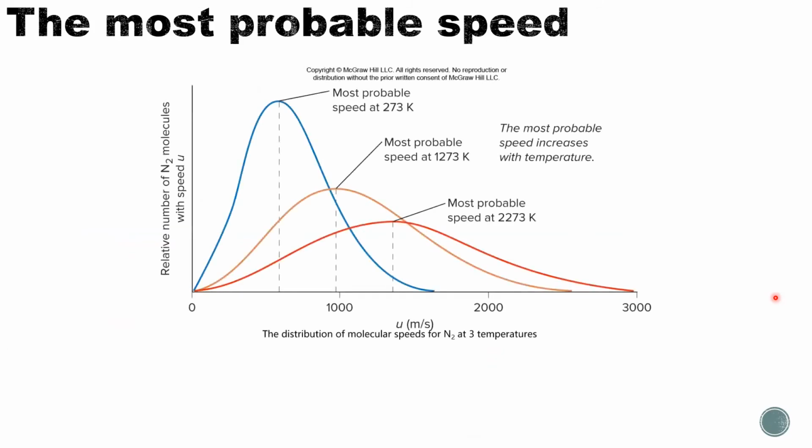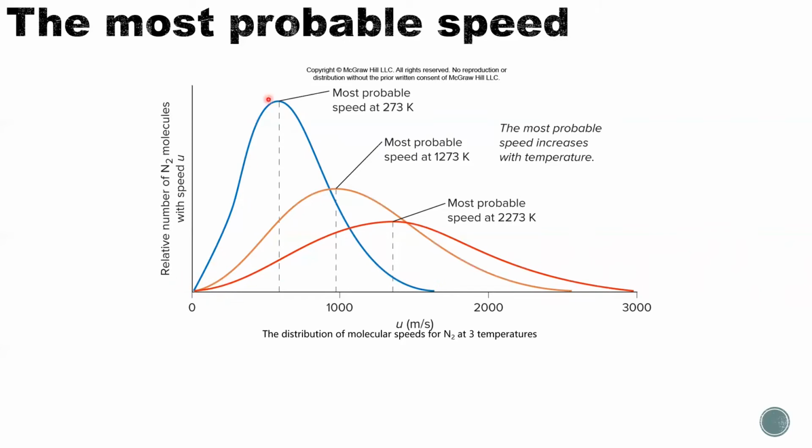Now I'm going to show you a plot. In the x-axis, that's the speed of one gas particle, in this case, a nitrogen molecule. And in the y, that's how many nitrogen molecules are at a certain speed. So we can take just one of them at this moment.